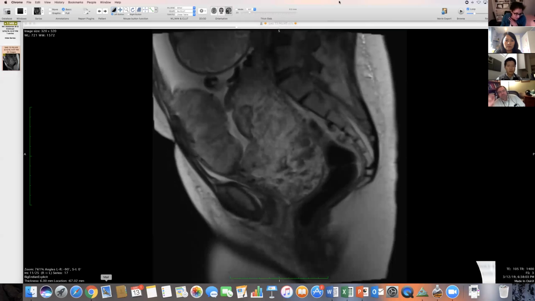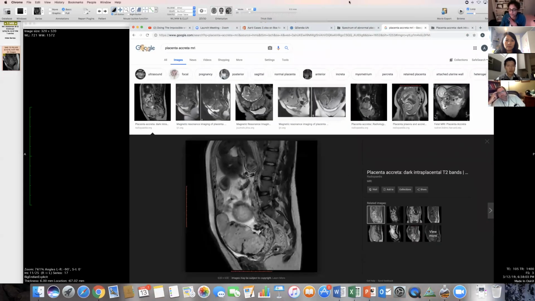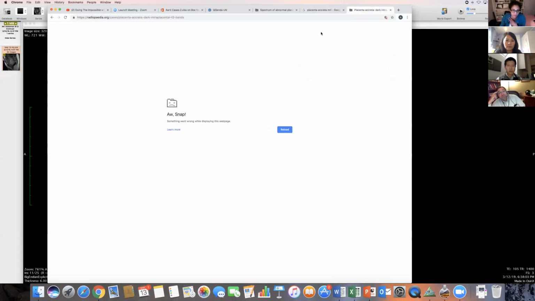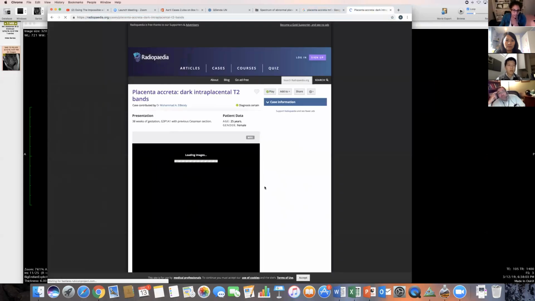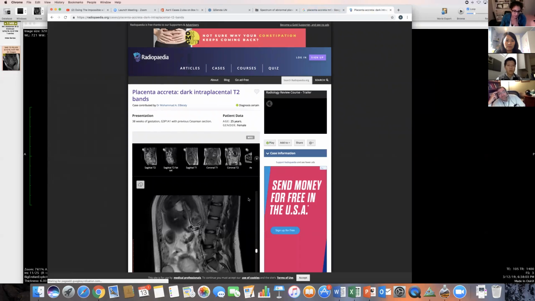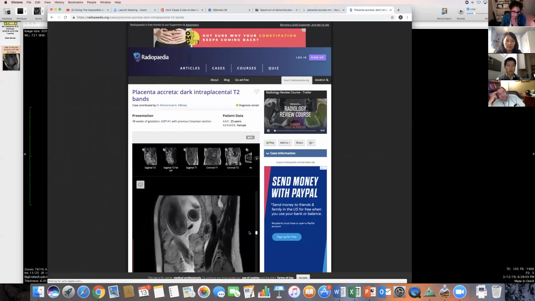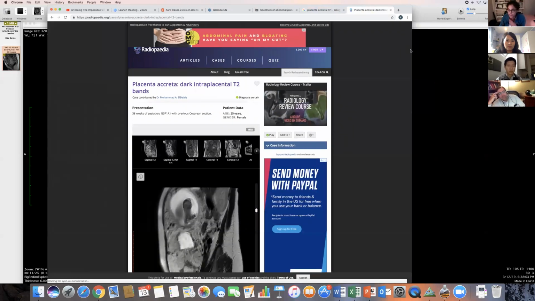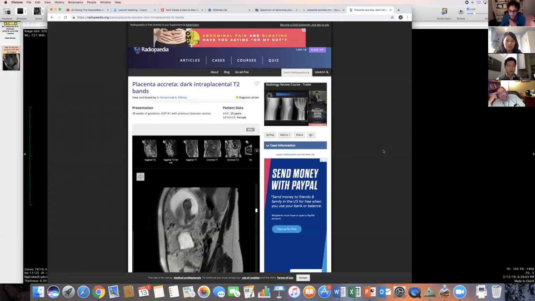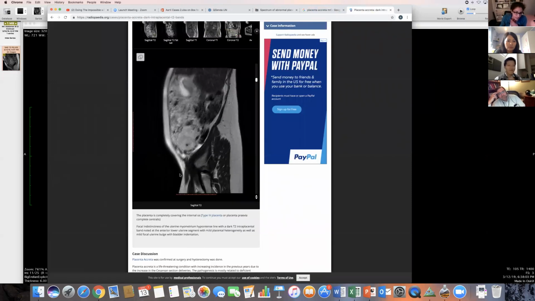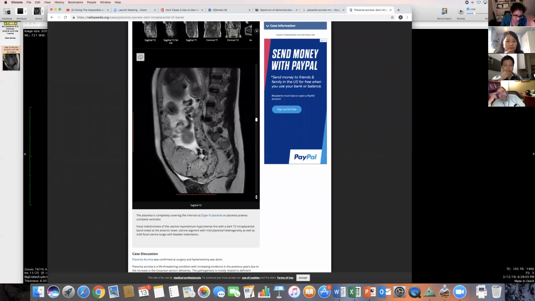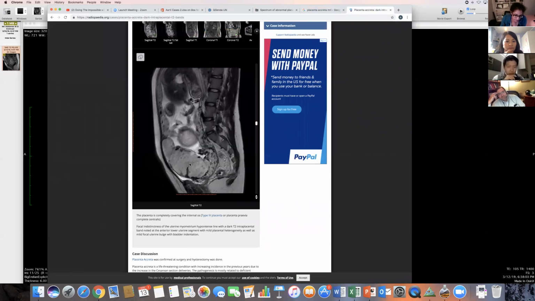Let me pull up this Radiopedia example. So this is an example that was on Radiopedia. And this is an example of those T2 hypointense bands.